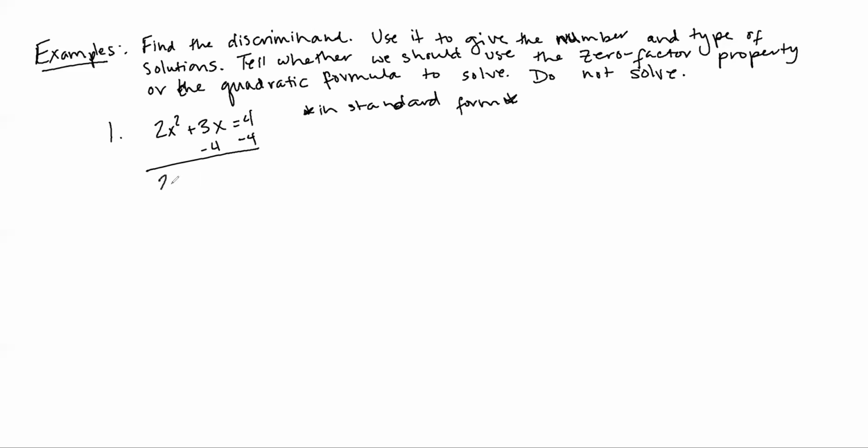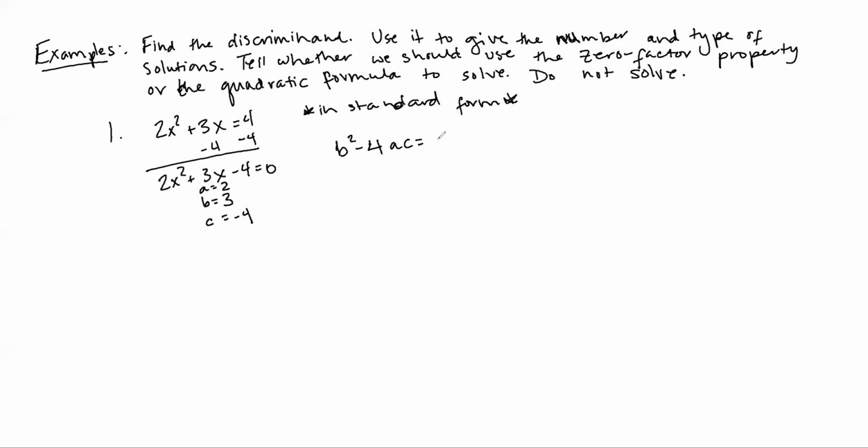So we get 2x squared plus 3x minus 4 equals 0. Now, if we find the discriminant, we're going to have b squared minus 4ac. B is 3, A is 2, and C is negative 4.